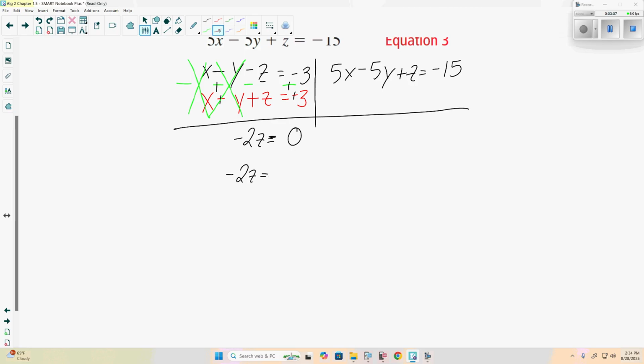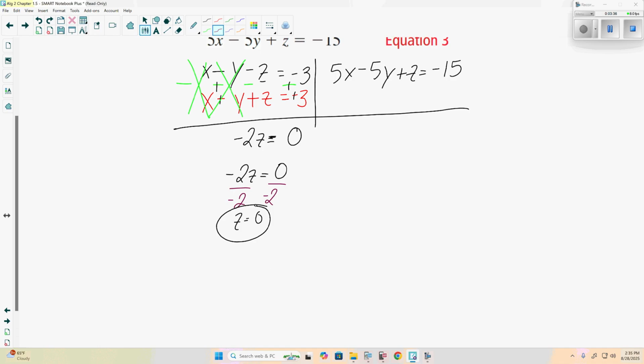Well, at this point here, we can go on and solve for z. We can divide both sides by 2, and it tells us z is equal to 0. Yes? Now this here is kind of helpful. We already found out what z is.